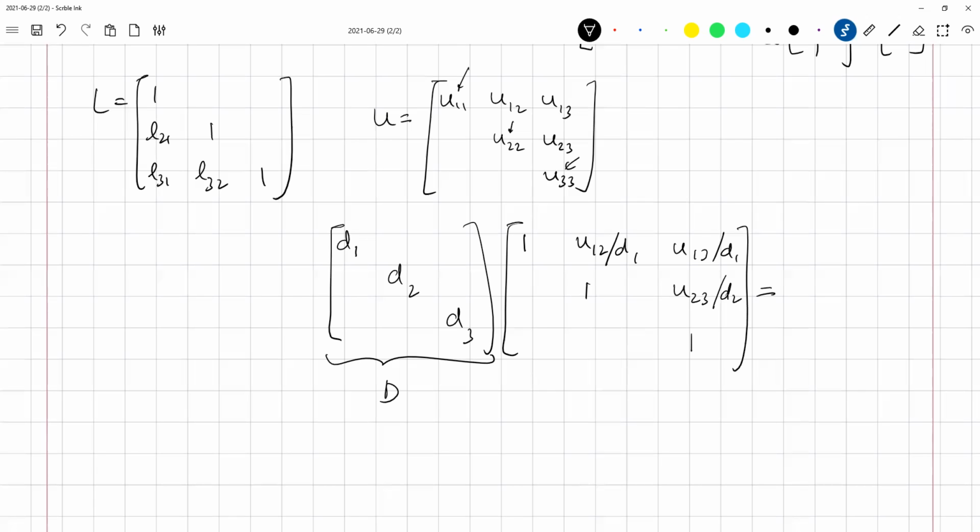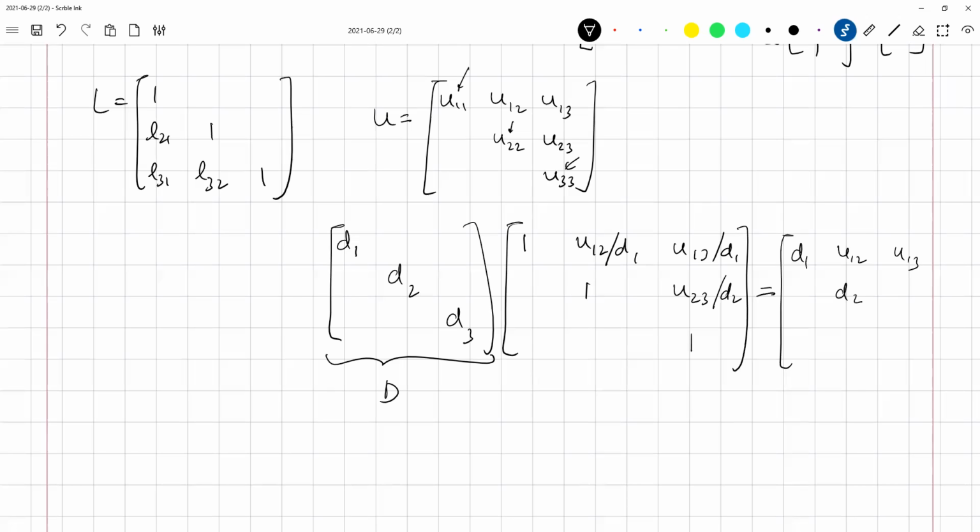What will I get in this case? What will I get if I multiply these two? First row, first column is going to give me D1. First row, second column, U12 divided by D1 times D1 is going to be U12. What about the second row? Sorry, third column, U13.